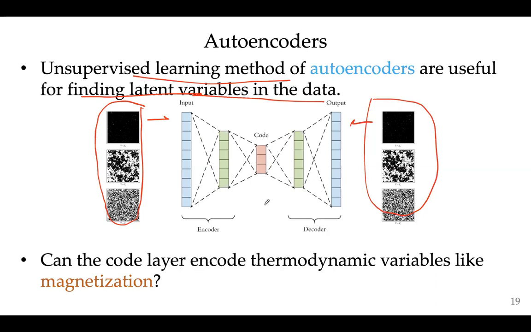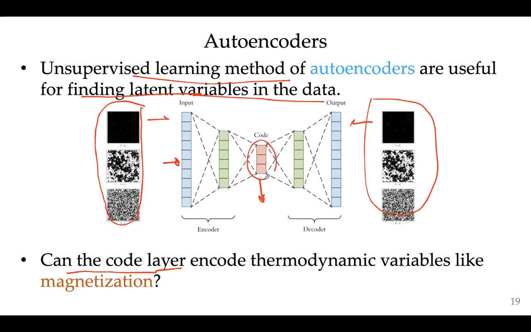So the question we can ask here is, can the code layer, this middle layer, encode thermodynamic variables like magnetization? The idea in this architecture is that a certain amount of information enters here, but because there is this bottleneck, autoencoders have to compress the information at this point so that the information can continue flowing.